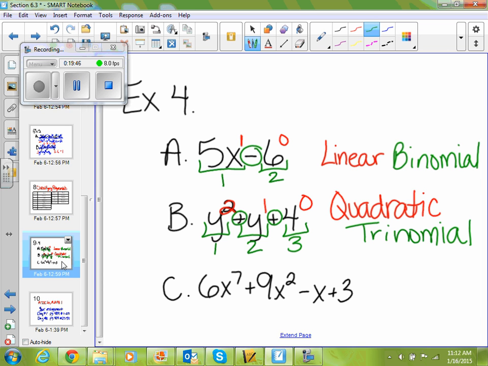Okay, and then on example 4c, we have 6x to the 7th, so that degree is 7, plus 9x squared, degree of 2, minus x, which has a degree of 1, plus 3, which has a degree of 0. So my biggest exponent in that polynomial is a 7.